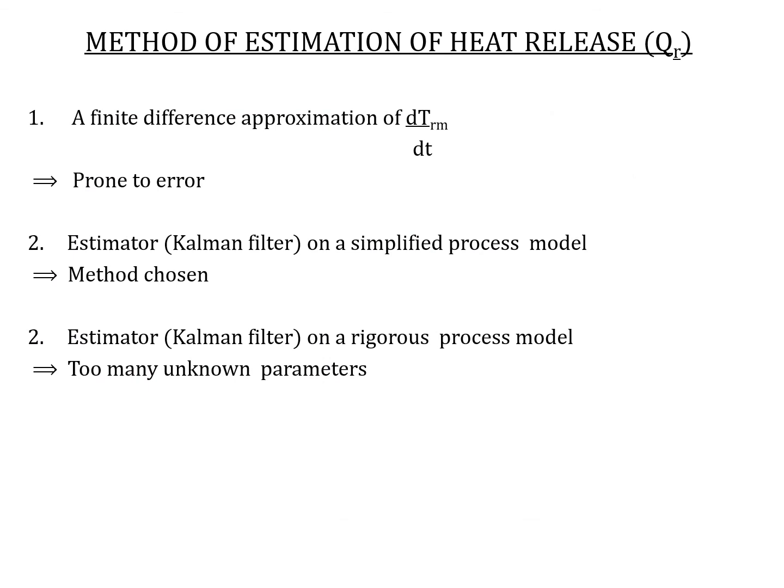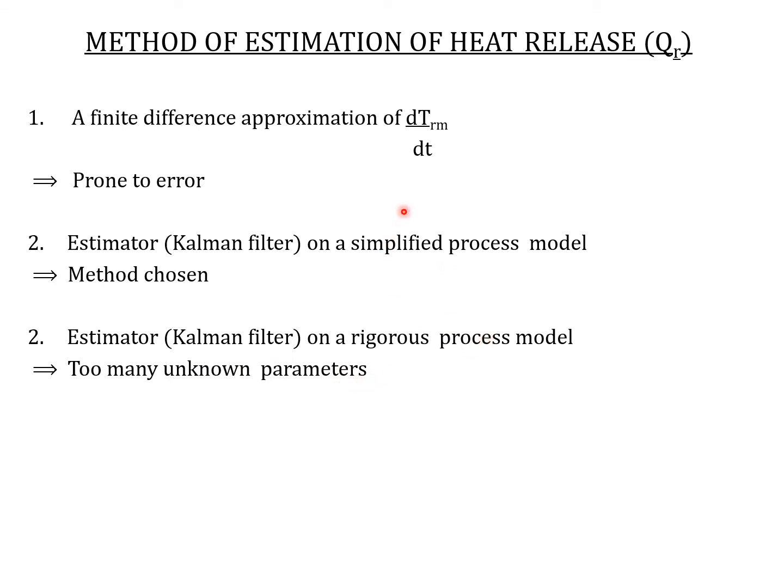So basically, for estimating the Q, we can use the finite difference approximation, but there are quite a lot of errors involved. Or we can use, as I said just now, the Kalman filter on a simplified process model. Again, a more simplified process model just to get the estimation of Q can be used, or we can use the rigorous process model, but there are too many unknowns, and it is not so necessary.